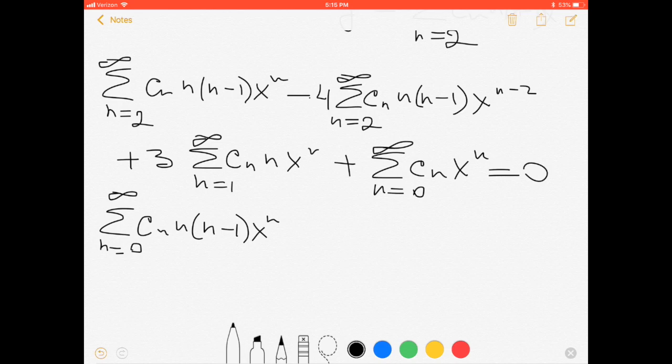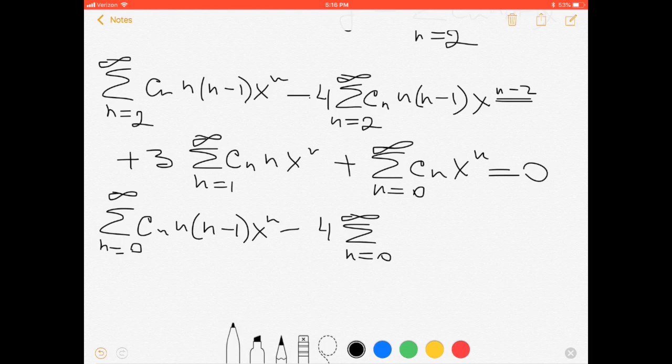For the second series, I don't like the power. I need x to the power n. How do I change it? I write minus 4 times the series with n starting at 0 to infinity.